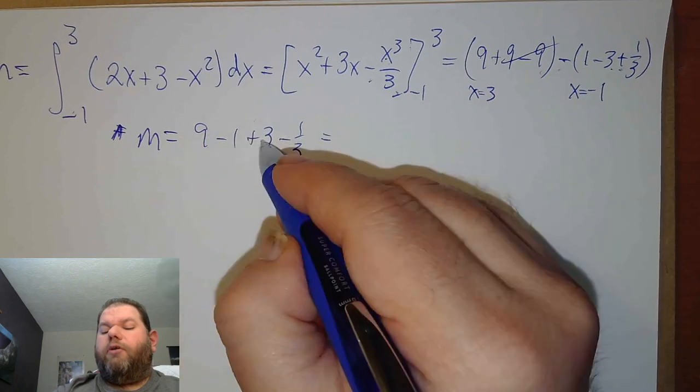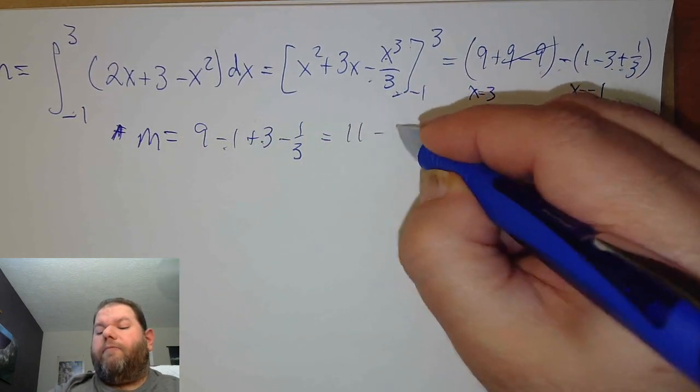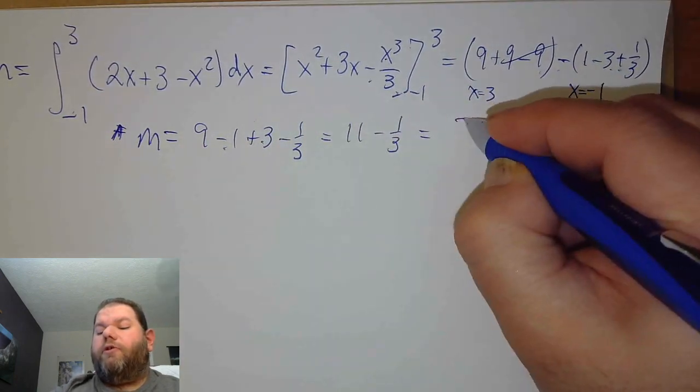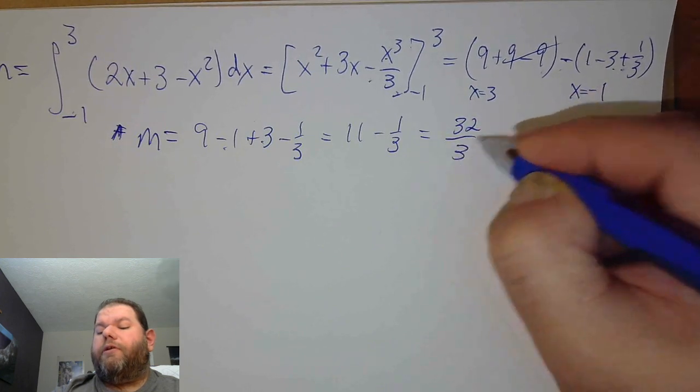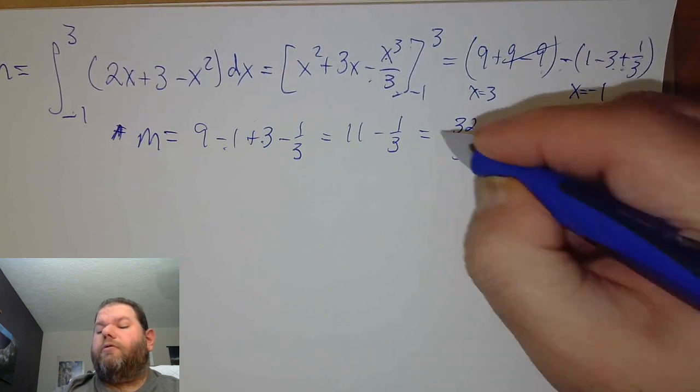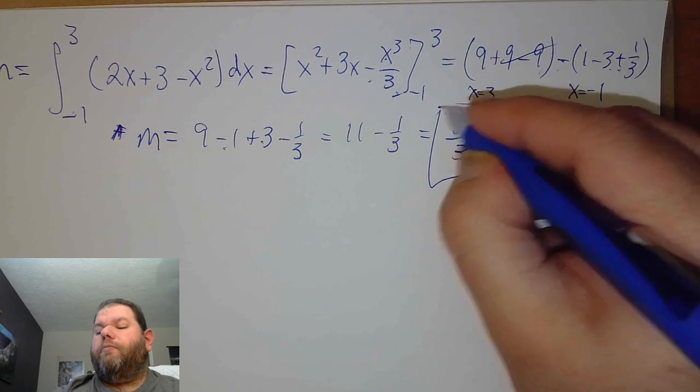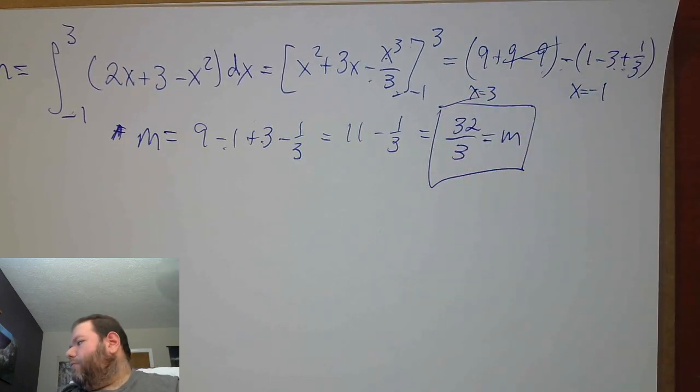So that'll be 12, 11, 11 minus 1/3, which is 32 over 3. Okay, so that's our mass of this region.